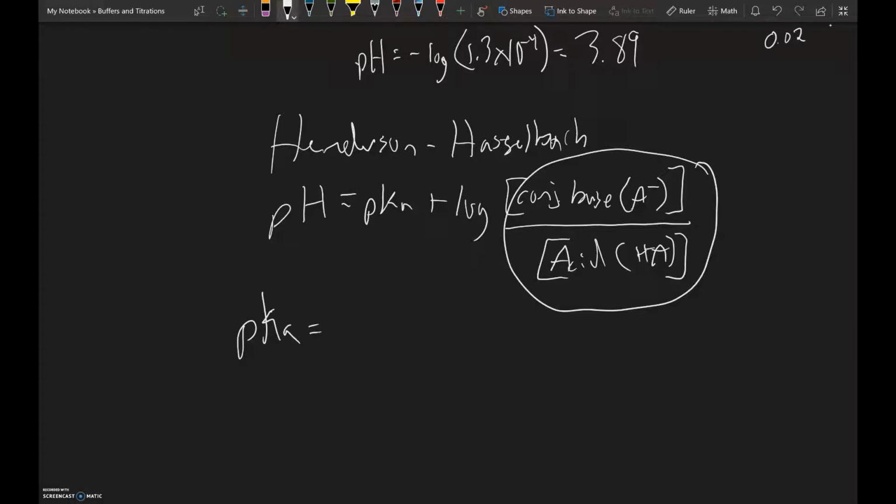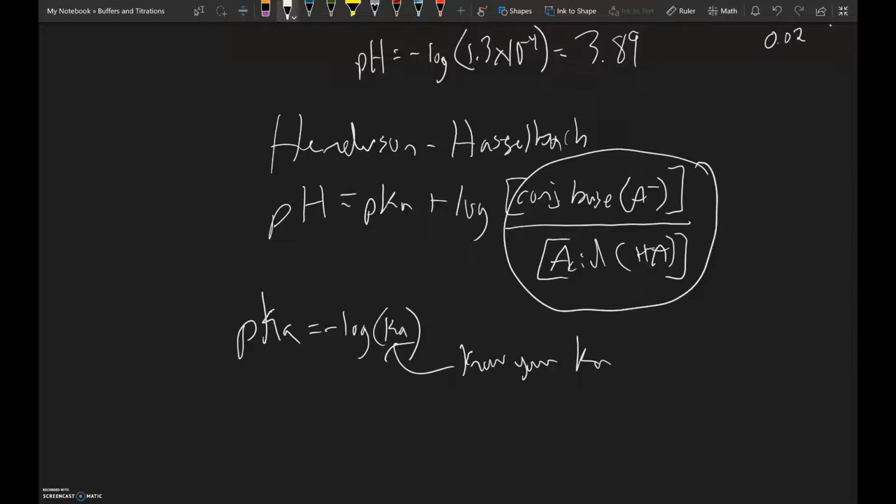Now, what is pKa? pKa is very similar to pH, where you take the negative log of your Ka value. So one thing you're going to always want to make sure to do is know your Ka.